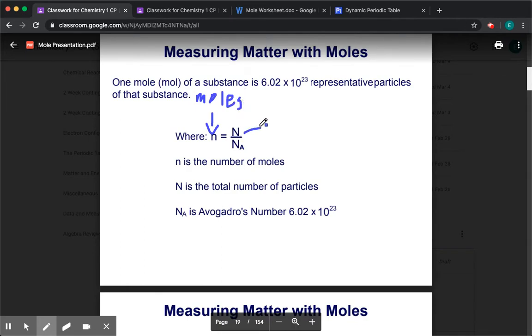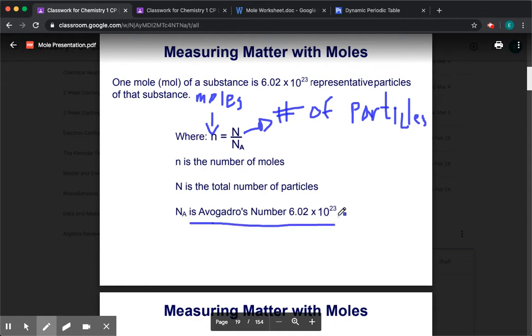The big N is number of atoms or particles. And Na is Avogadro's number.